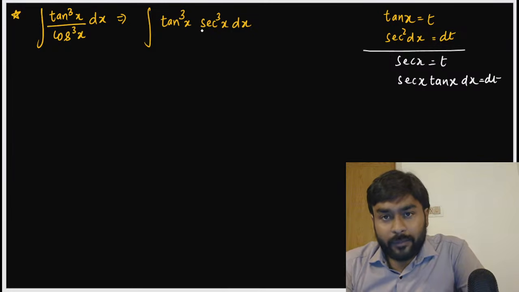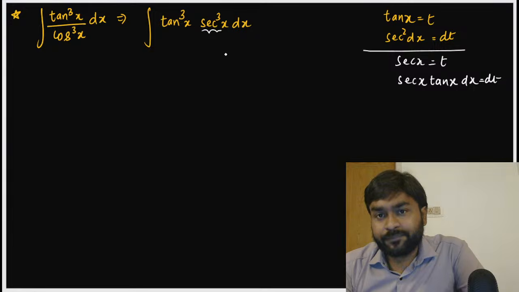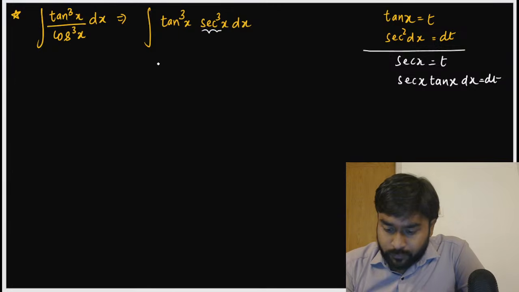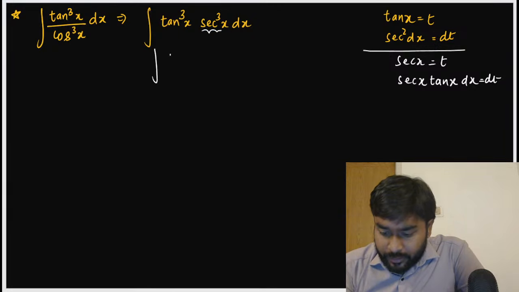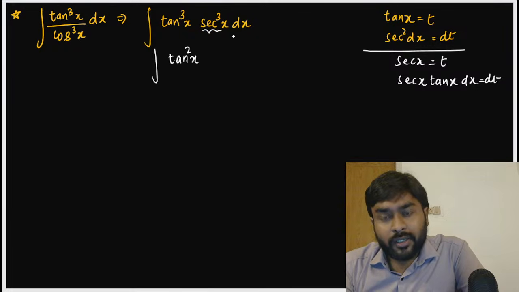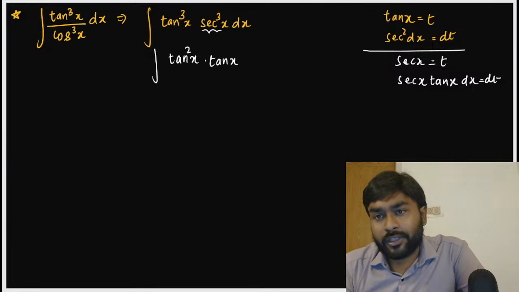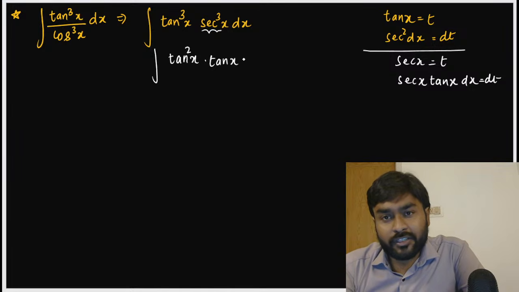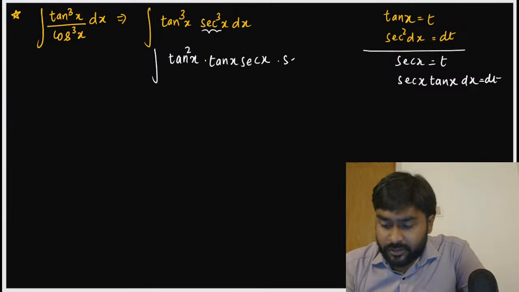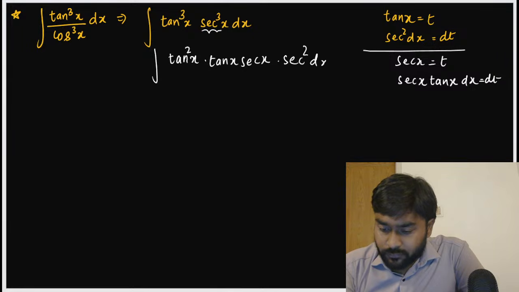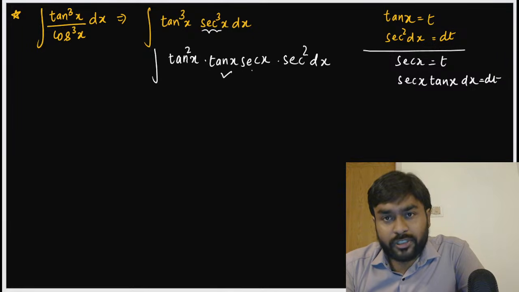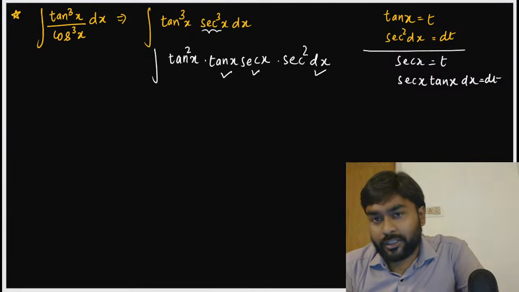So if I am taking secant x equal to t, I am writing here tan square x, and one tan x and one secant x we can write here for dt, and the remaining is secant square x dx.